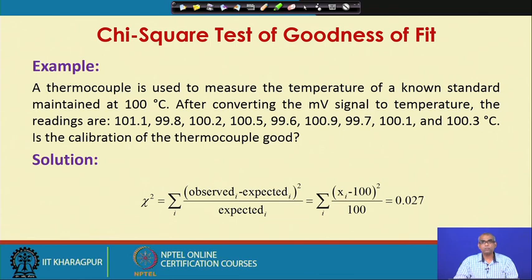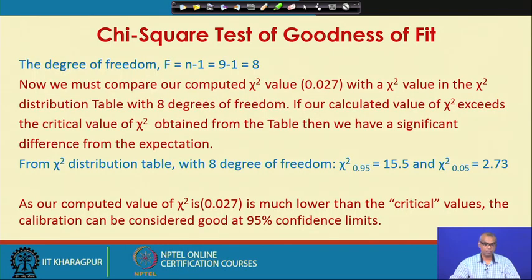To start with, we must calculate the chi-square value. The chi-square value is computed using the formula and we get a value of 0.027. Now, we will make use of the chi-square distribution table, but before that I have to calculate the degrees of freedom.